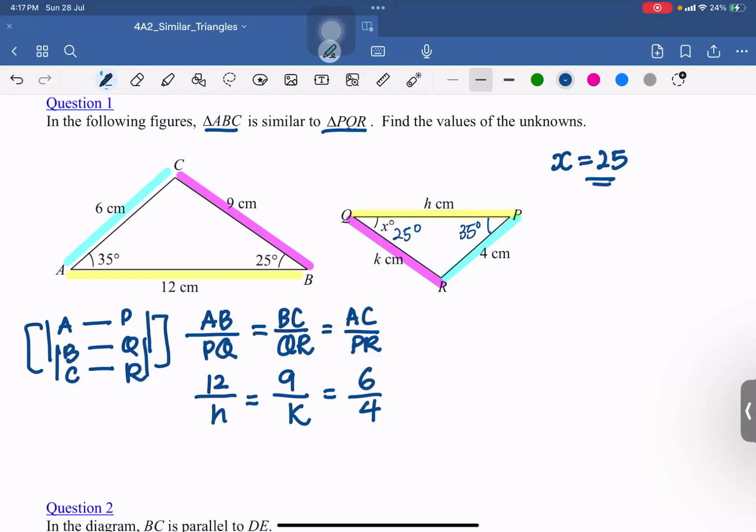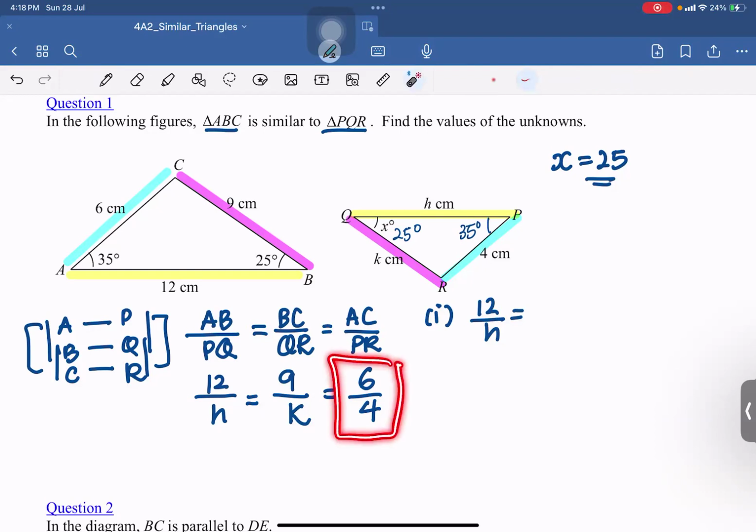So what can we do to find the values for H and for K? We use a pair of matching sides first. I'll use the first one, 12 over H, with the side that already has values, 6 over 4.